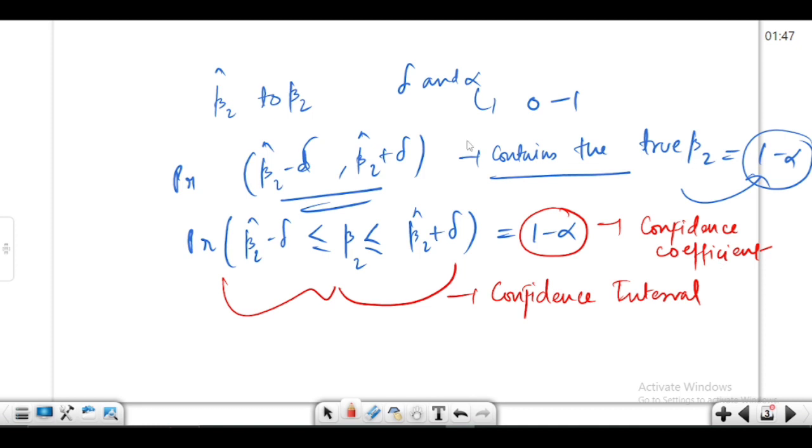And this alpha lies between 0 and 1, and is called your level of significance. We'll talk about these terms more deeply. Beta 2 hat minus delta and beta 2 hat plus delta are your confidence limits.